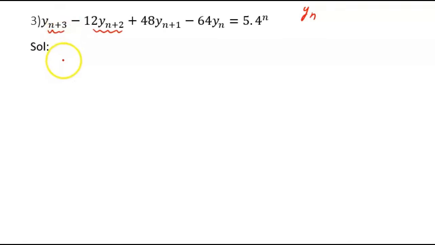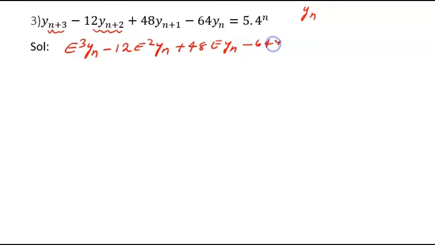It can be seen as E cube of yn, because it is y(n+3), minus 12 E square yn plus 48 E yn minus 64 yn is equal to 5 into 4 to the power n.